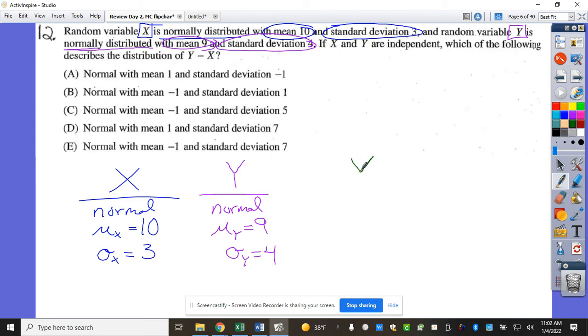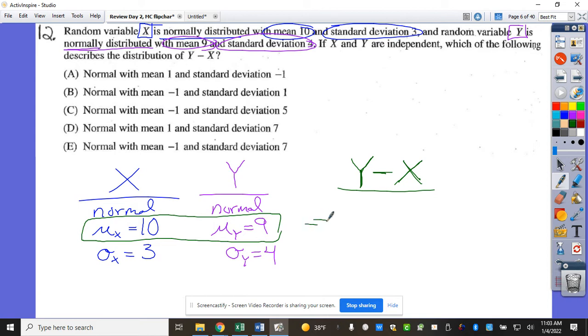Now, there are going to be some people who miss this problem because they did the easiest part of the entire problem wrong because they weren't thinking about it. They gave us x, then they gave us y, and then they asked us to do y minus x. So make sure you don't mess that up. So I know how means work when combining. Very simple, exactly the way you would think it would be.